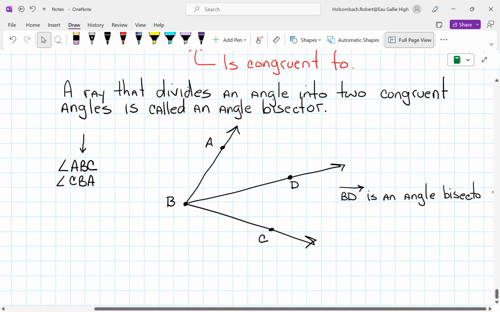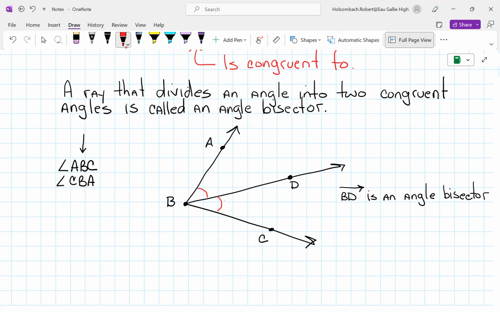All right. Ray BD is an angle bisector. Now, if BD bisects angle ABC, then we get arc marks. So if BD is an angle bisector, angle ABD is congruent to angle DBC.